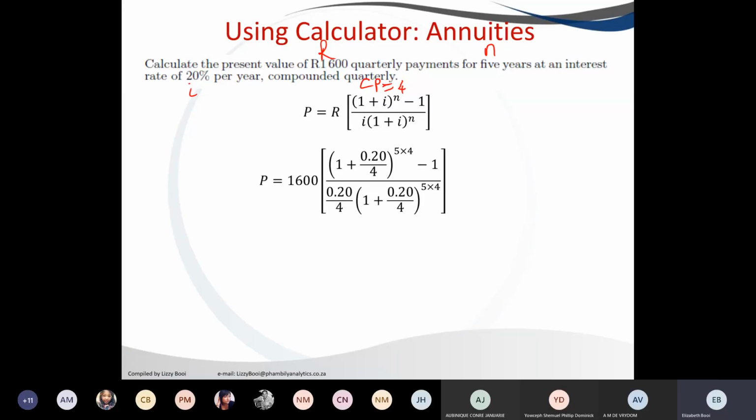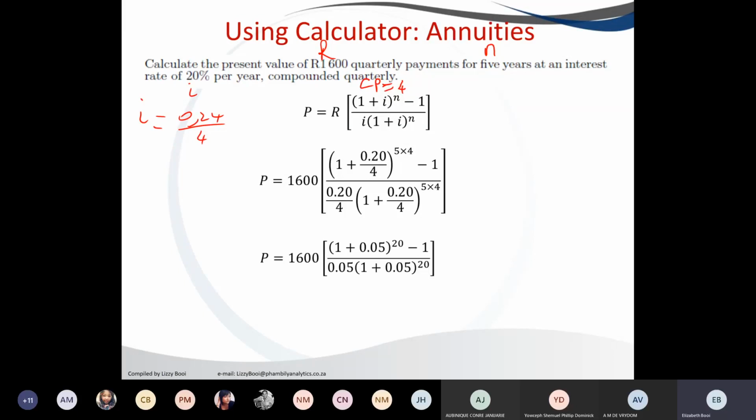It's always advisable to do all this outside, so you work out your i as 0.20 divided by 4 already outside, and then substitute the values as you see them. And it should look as clean as that.